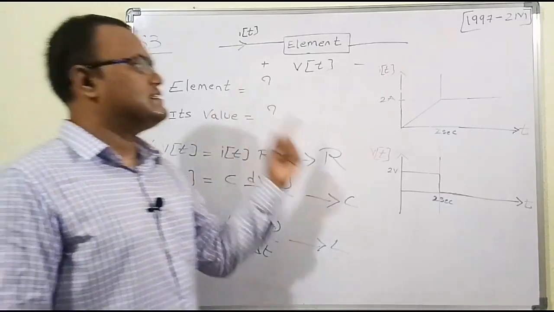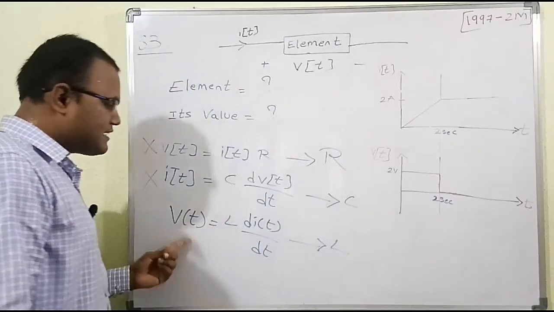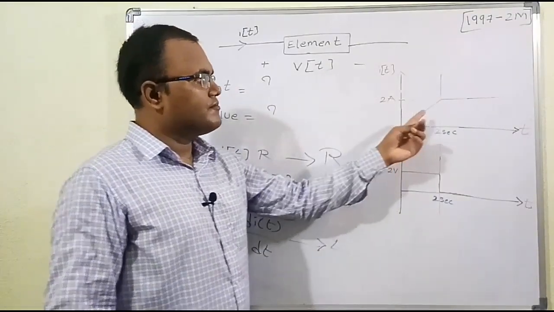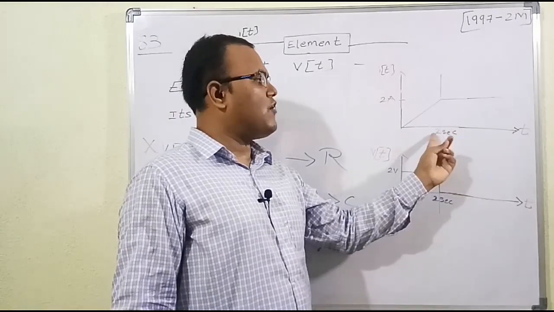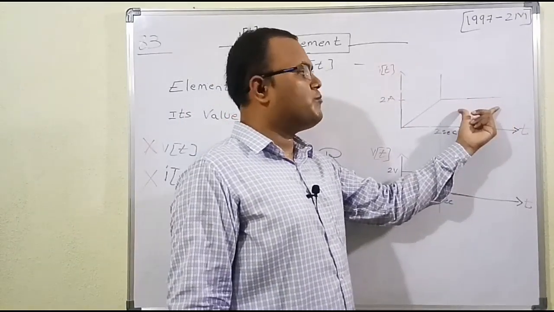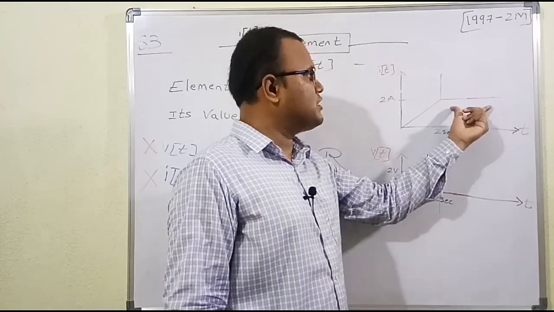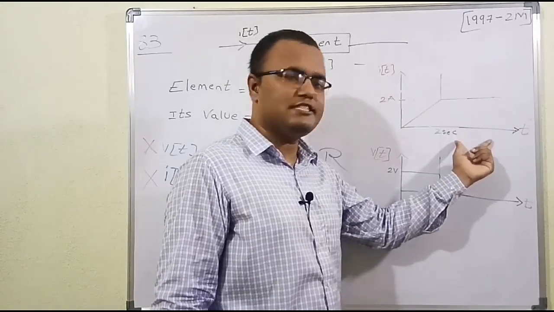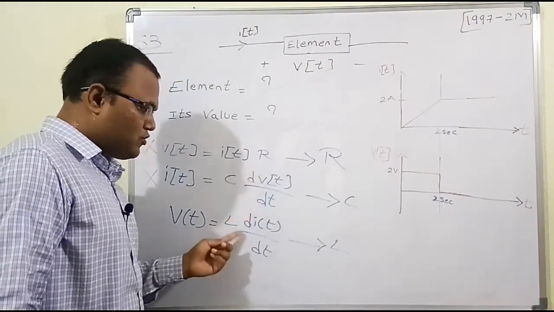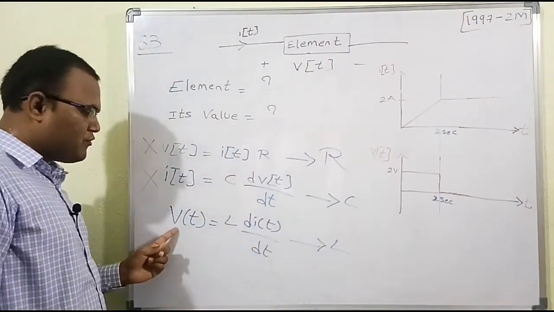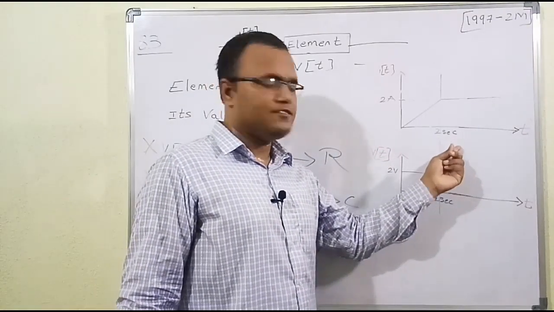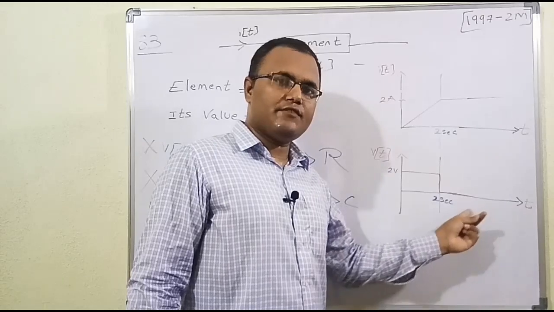So this satisfies the inductor equation. Let us see. After 2 seconds the current is a straight line, which means the slope di/dt of the current waveform after 2 seconds is 0. So di/dt is 0 and v(t) becomes 0 for t greater than 2 seconds, which is seen in this graph also.